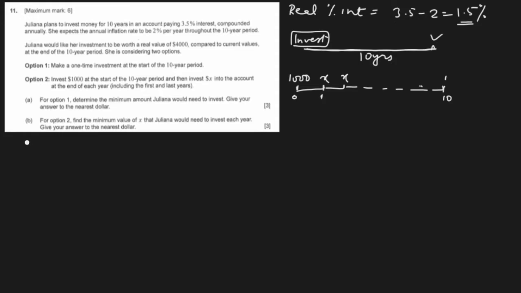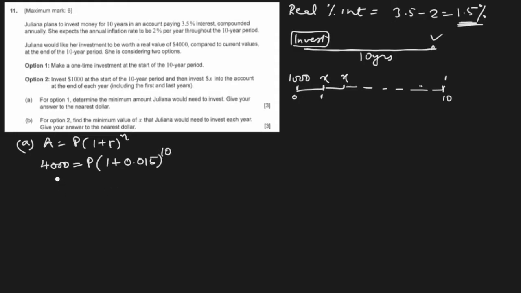The compound interest formula is A equal to P times (1 plus R) to the power N. So the amount we want is 4,000. Principal, what we need to invest, times 1 plus R in decimals, which will be 0.015, because 1.5% is the effective interest, so we convert it to decimal, and to the power 10 years we want.